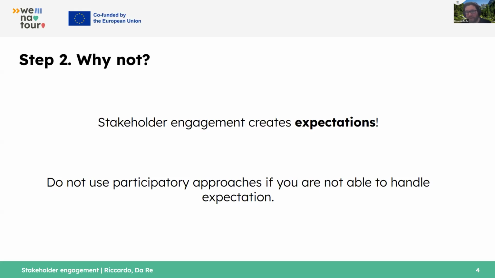Maybe the communication is not transparent, or maybe it's more a political reason that moves the destination to engage the stakeholders. Or maybe you have not the competencies to manage the complexity, because of course stakeholder engagement helps you in managing complexity, but you must have the competencies and the skills to do this. So the second step is why not? And I always ask this question to people who ask me to facilitate some process.